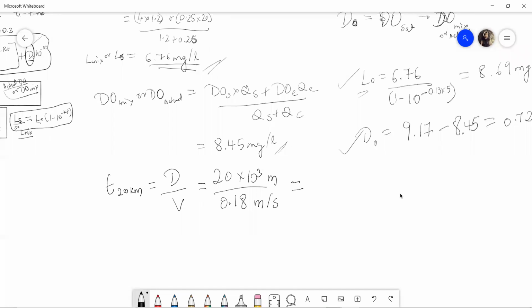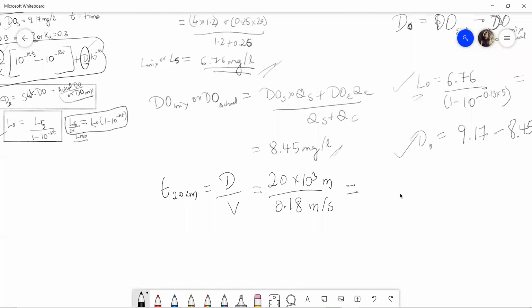So for 20 kilometer distance, the time required for the effluent to travel is 1.11 into 10 to the power 5 seconds.